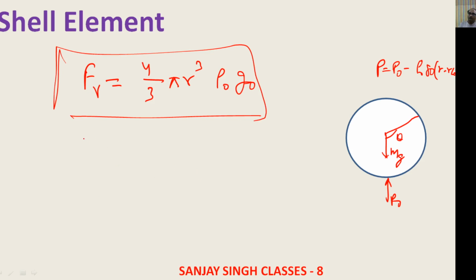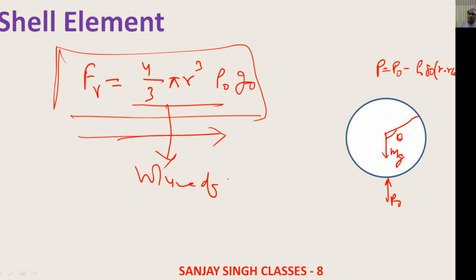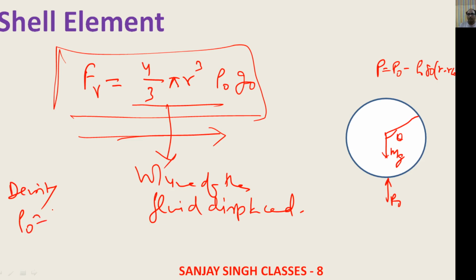So what have we found? We have found that this 4 by 3 pi r cube is the volume of the fluid displaced. And we know that density rho 0 is equal to mass by volume, so mass is equal to rho 0 into volume.